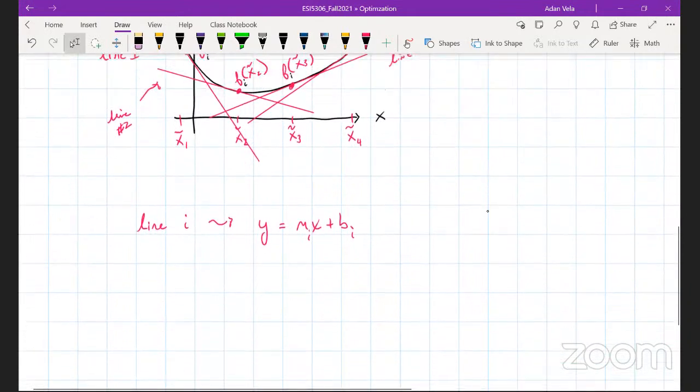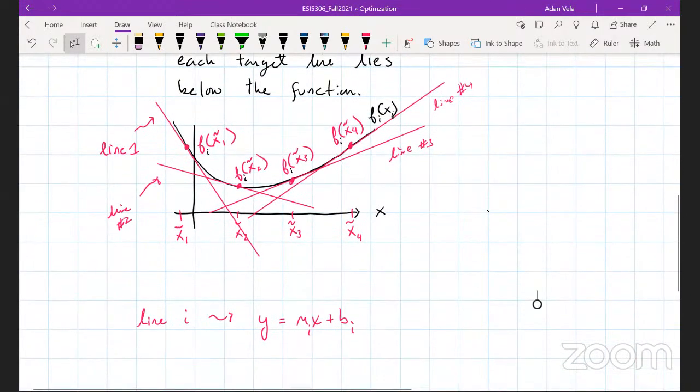All right. Now, how do we use this? Well, what we can see is each one of these tangent lines is a lower bound on our function.